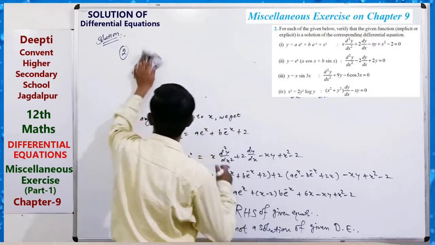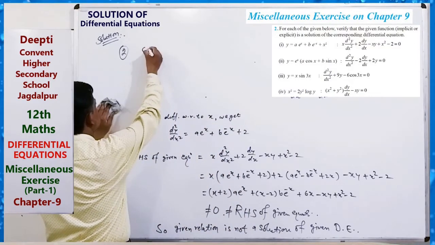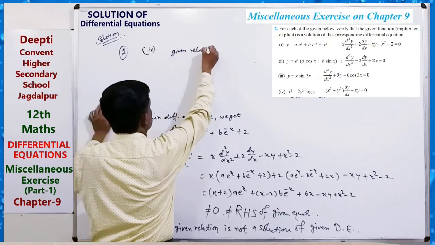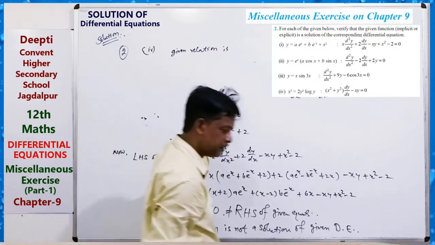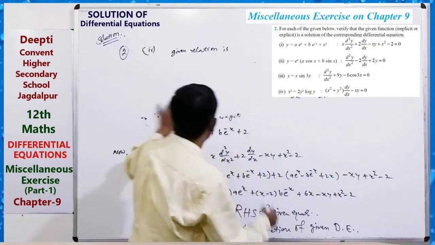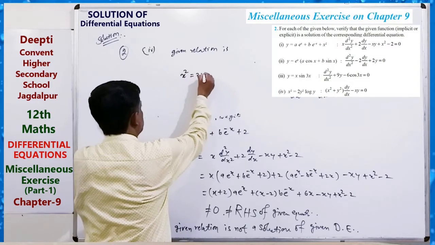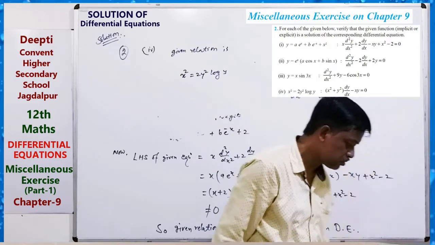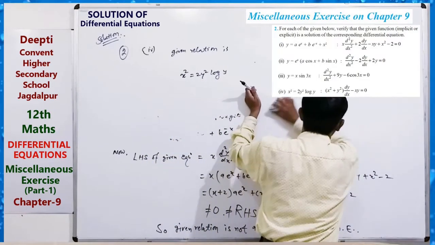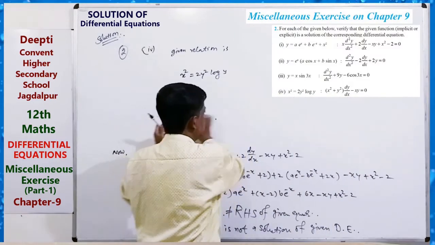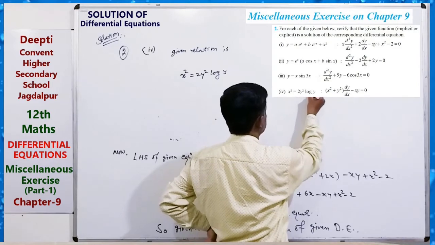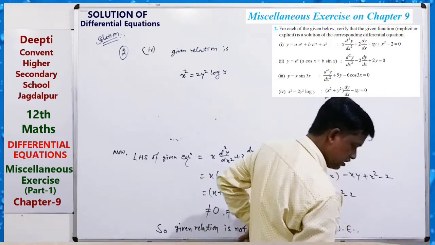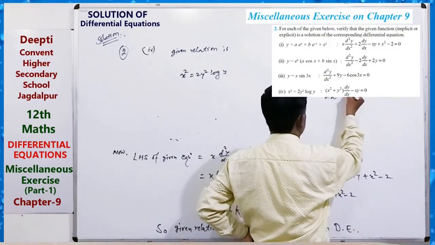Here in question 4, the given relation is x square equals 2y square log y, and the differential equation is x square plus y square dy by dx minus xy equals 0.